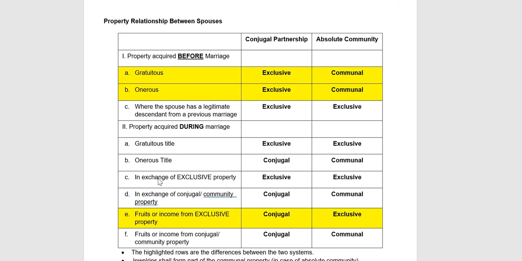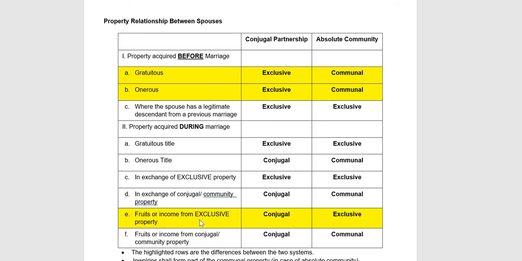If you barter or exchange property, in exchange for exclusive property, then the property you receive is also exclusive. However, if what you exchange is conjugal or community property, then what you receive is conjugal or community property. Okay? Next is the income, fruits or income from exclusive property.